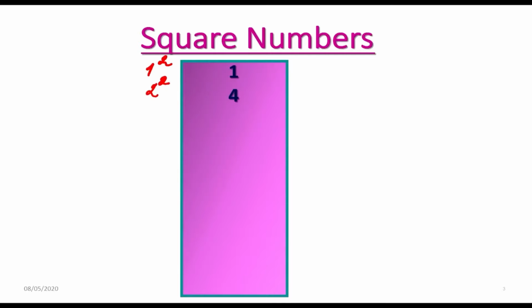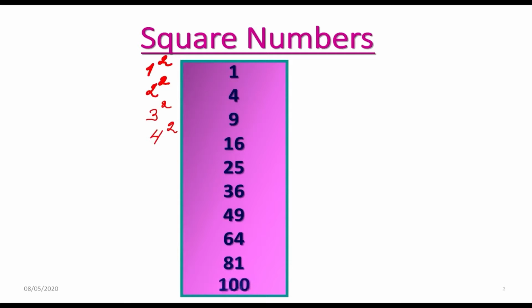The second square number is 4, since 2 squared is 4. The next one is 9, because 3 squared equals 9. 16, 4 squared equals 16. 25, 36, 49, 64, 81, and 100.